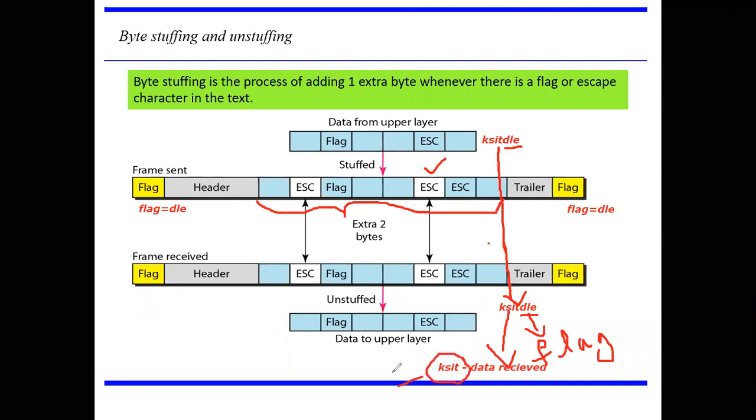This one is wrong. Your actual data is KSIT DLE, but you got KSIT because this DLE is considered as end of frame. This is the problem we'll fix. That's why we need to stuff the data.